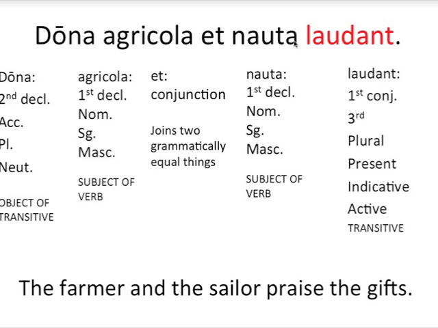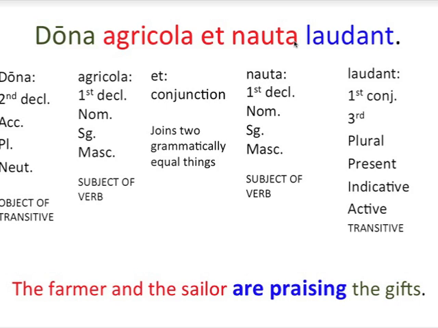Thus we can translate this as the farmer and the sailor praise the gifts. You can see here with the color coding, right, that the word order has to change when we put it into English, because English must show the subject of a sentence by placing it first in the sentence. Then we will put the verb next, and we'll usually put the object after the verb.